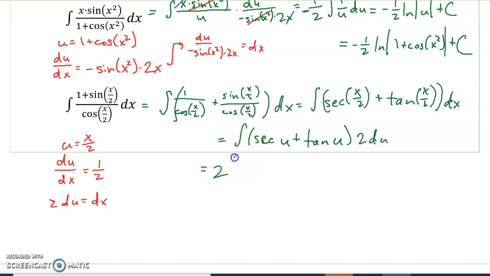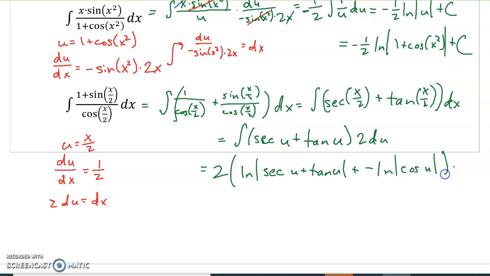We'll integrate the secant, and the antiderivative of the secant is the natural log of the absolute value of the secant of u plus the tangent of u. And then we have a plus, and we're going to take the integral of the tangent, and we saw that that's actually going to be a negative natural log, the absolute value of the cosine of u.